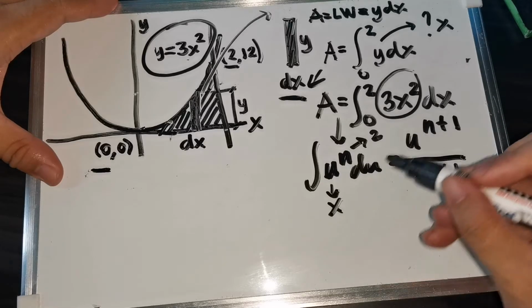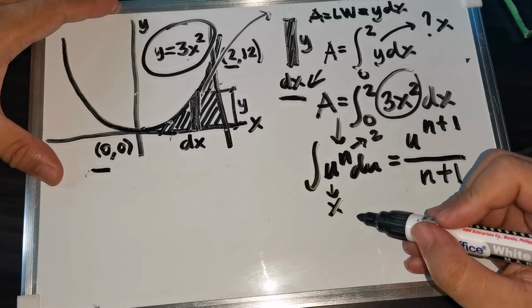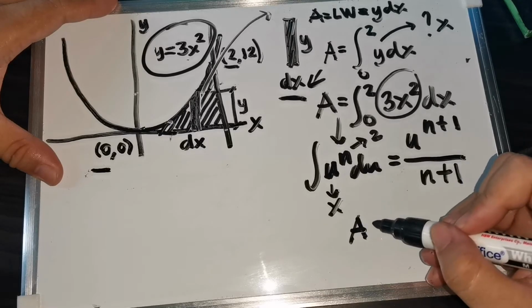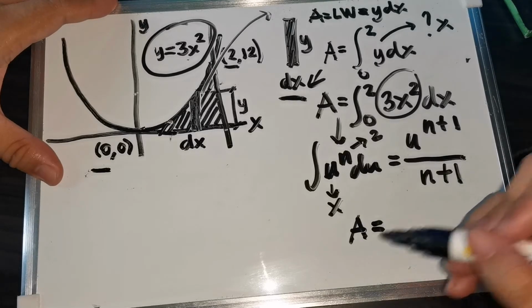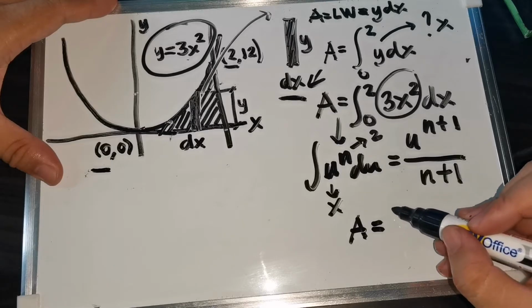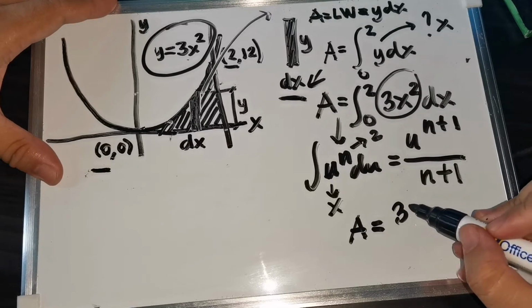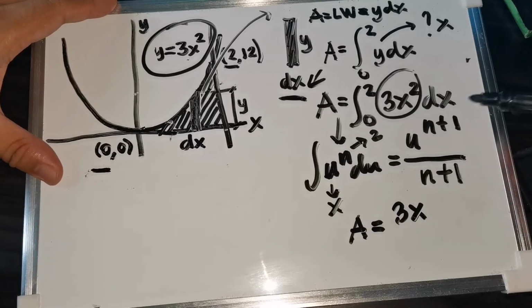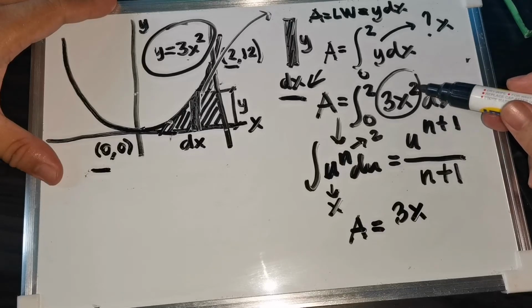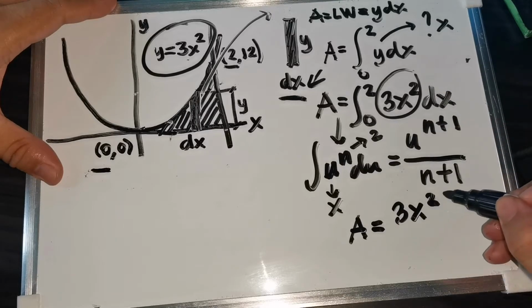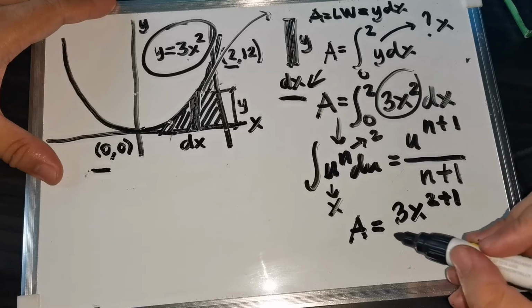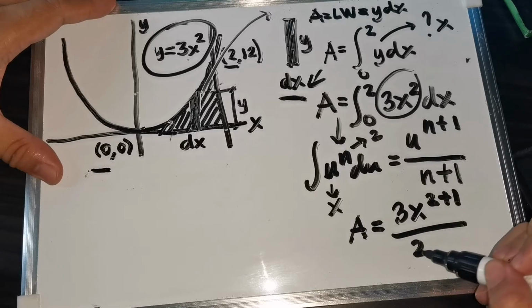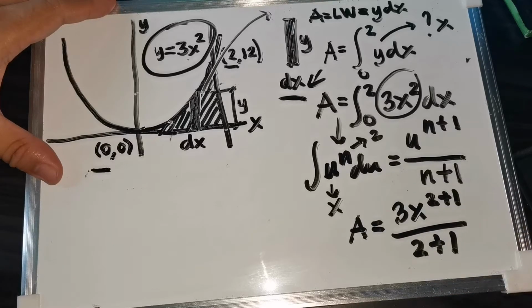So the integral of 3x squared will be, for the area, equal to 3x, and we copy the exponent: 2 plus 1, all over 2 plus 1.